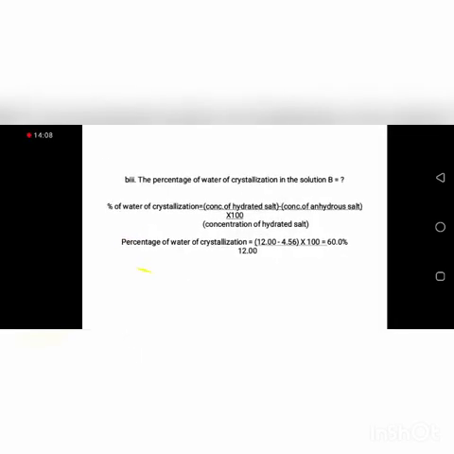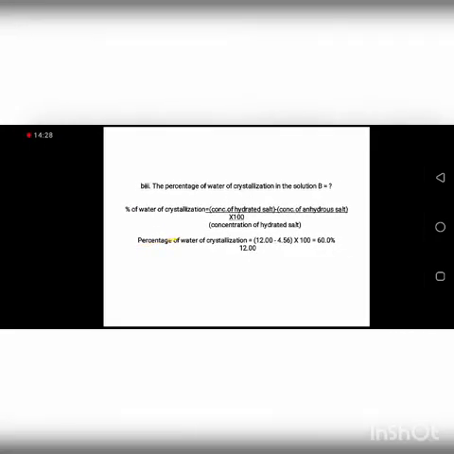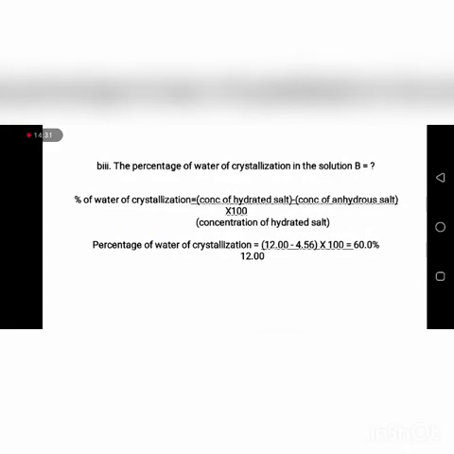Lastly, we have to calculate the percentage of water of crystallization in solution B. You are supposed to know how to calculate percentage composition. This is the formula that I'm going to use: concentration of hydrated salt minus concentration of anhydrous salt, times 100, everything divided by concentration of hydrated salt.